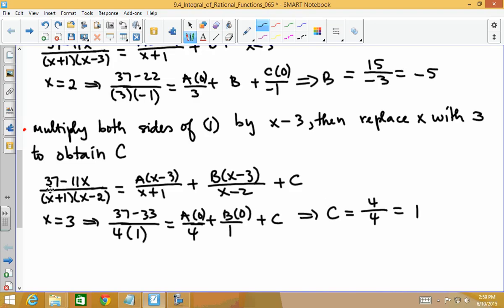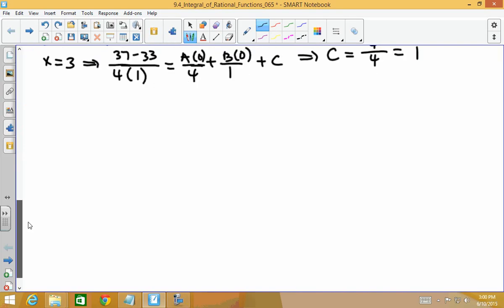We get c here, a is multiplied by x minus 3, b is multiplied by x minus 3, and the x minus 3 in the denominator cancels out. Now you replace x with 3, then you get 37 minus 11 times 3, which is 33. That gives you 4. And then you replace x with 3: 3 plus 1 is 4, and 3 minus 2 is 1. So now we are dealing with 4 over 4, so c is 1.